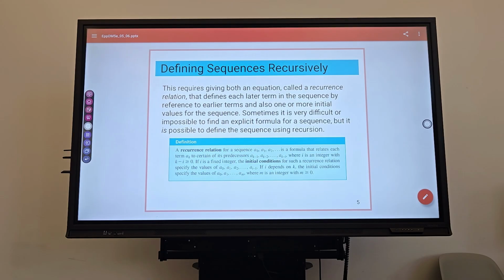If i is a fixed integer, the initial conditions for such a recurrence relation specify the values of a sub 0 to a sub i minus 1. If i depends on k, the initial conditions specify the values of a sub 0 to a sub m, where m is an integer, with m being greater than or equal to 0.